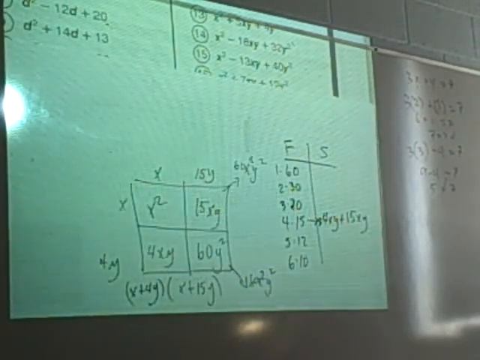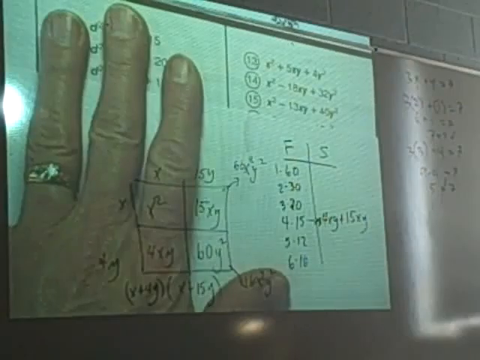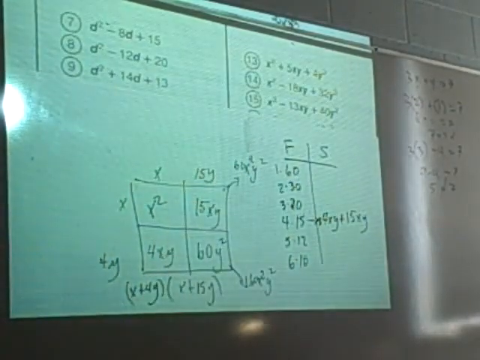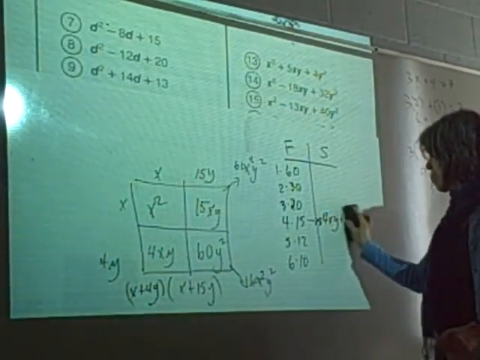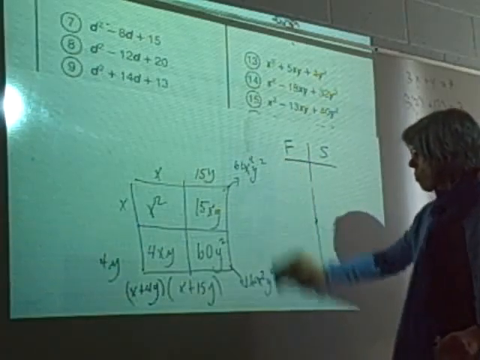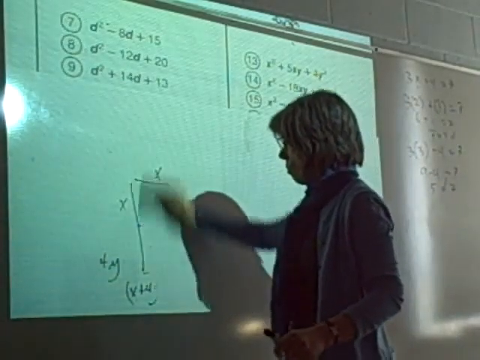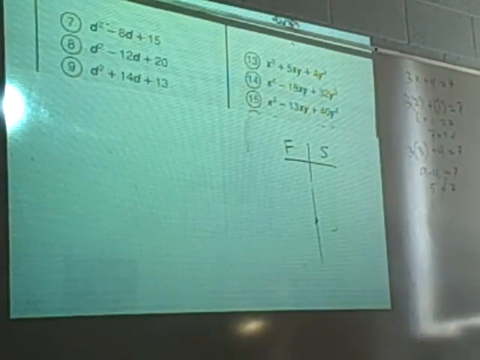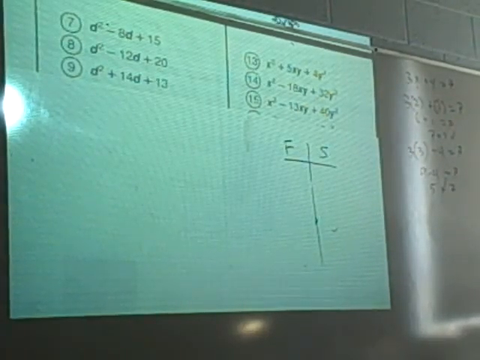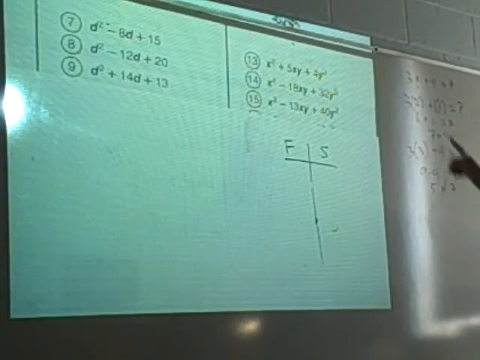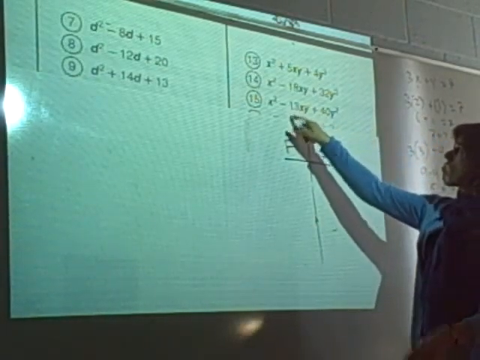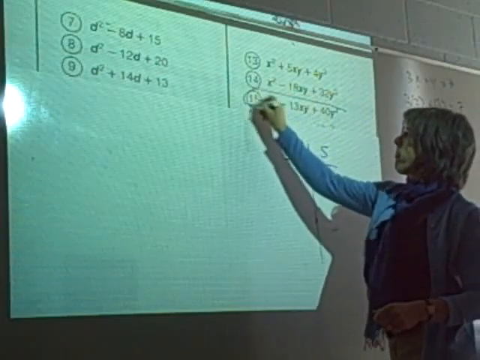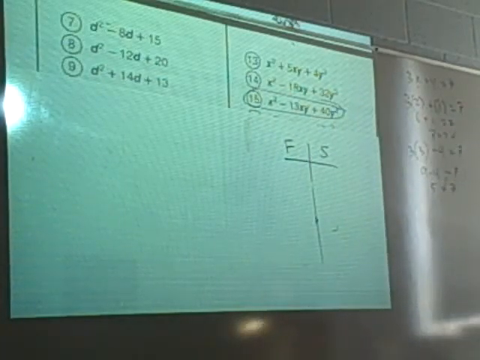All right, let's look at number 15. Why don't you write down the factors of 40. Number 15 is x squared minus 3xy plus 40y squared.